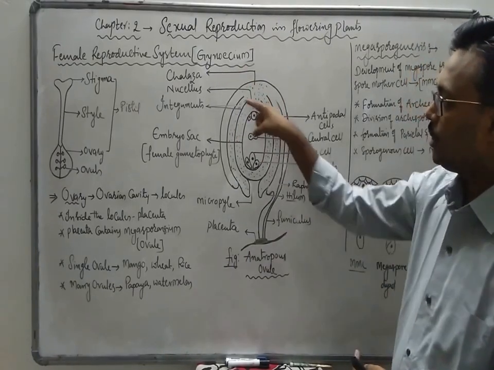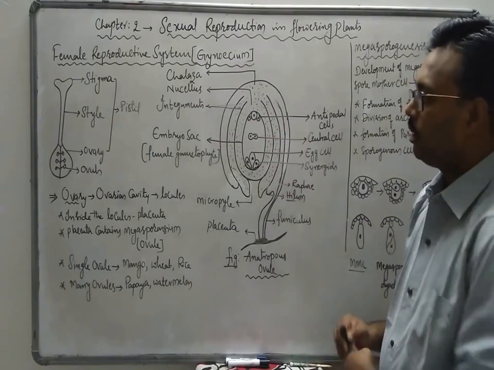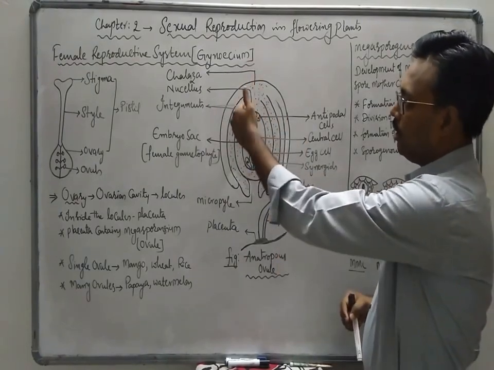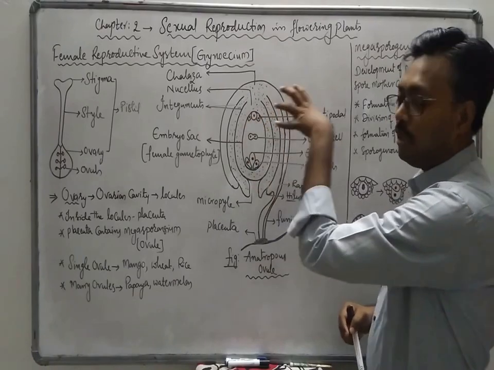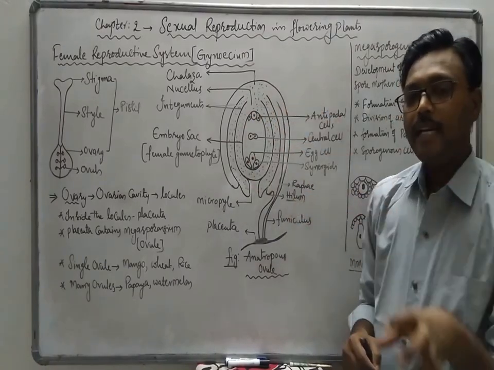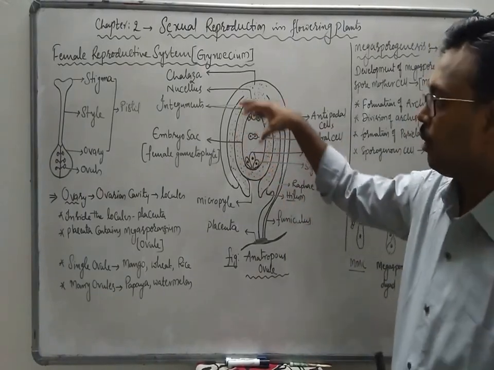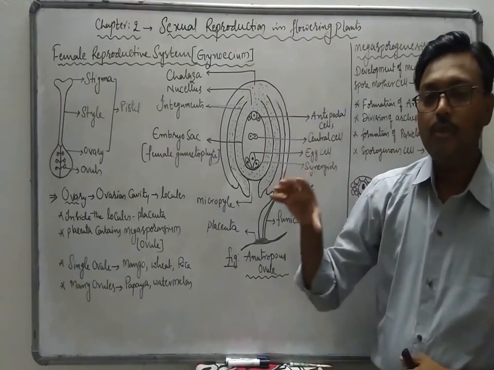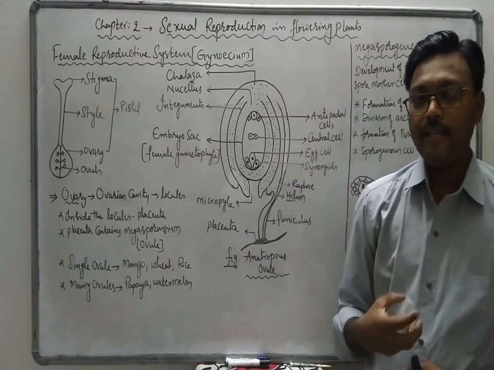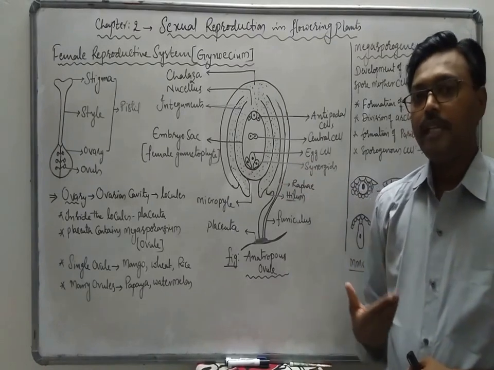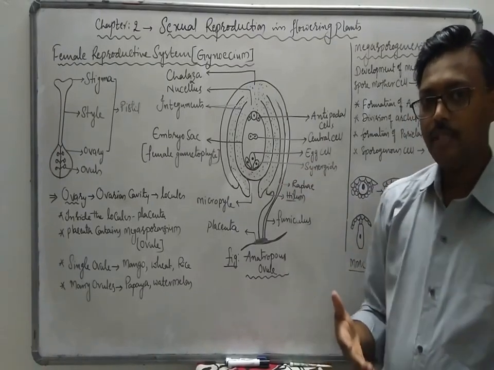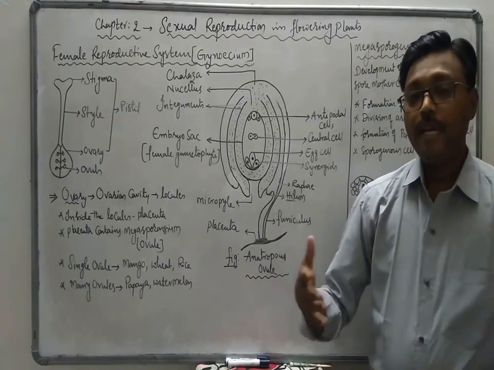It is surrounded by integuments, and inside the integuments the dotted area indicates the parenchymatous tissue called the nucellus. This nucellus provides nutrition during the development of the megaspore and the female gametophyte.